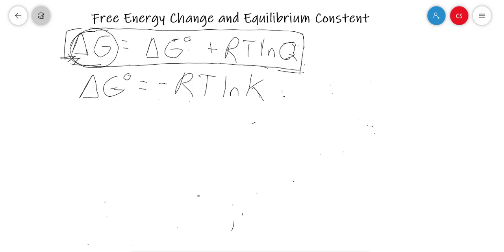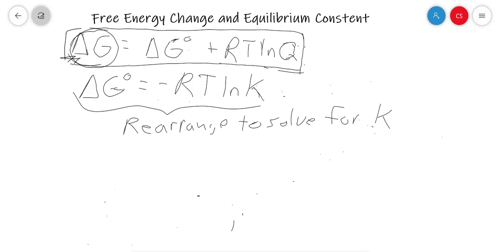What we can do is rearrange this also to solve for K. I'm not going to show you the steps for that, but if we rearrange this whole thing in terms of delta G0, we get K equals e to the minus delta G0 over RT.